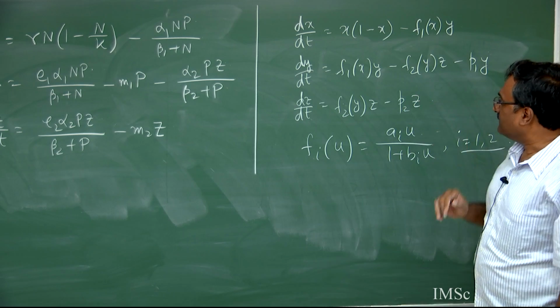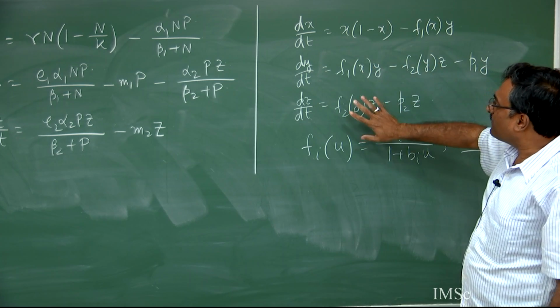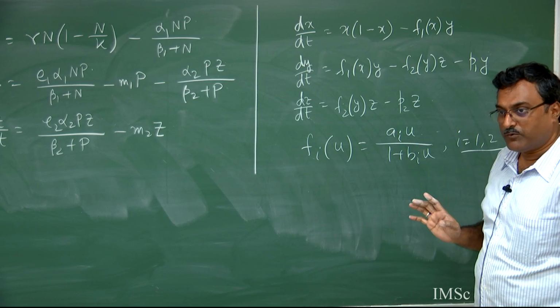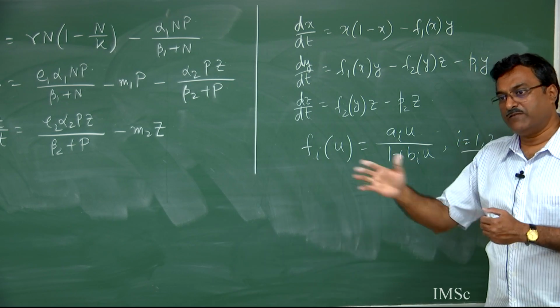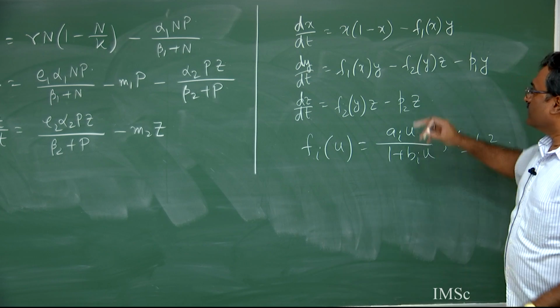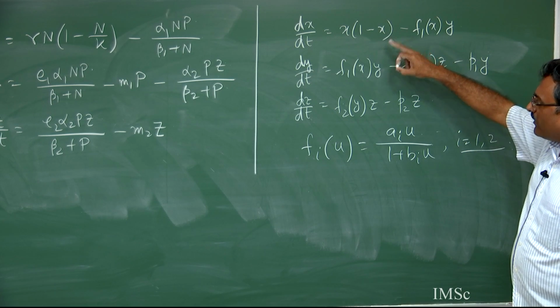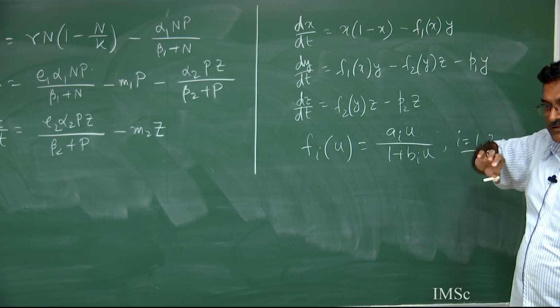And again for this type of system, if you find the equilibrium points and then perform the linear stability analysis and then bifurcation and so on, there will be a couple of different types of equilibrium points.